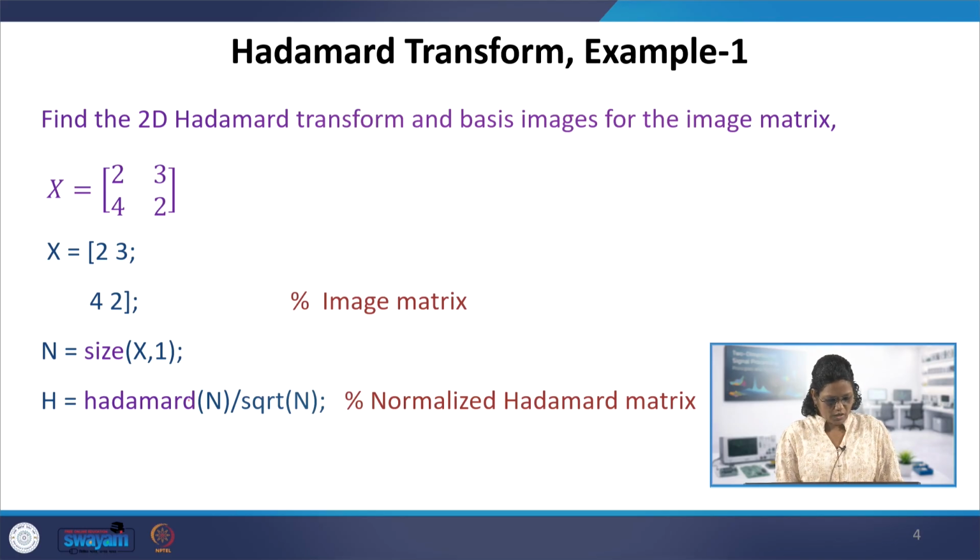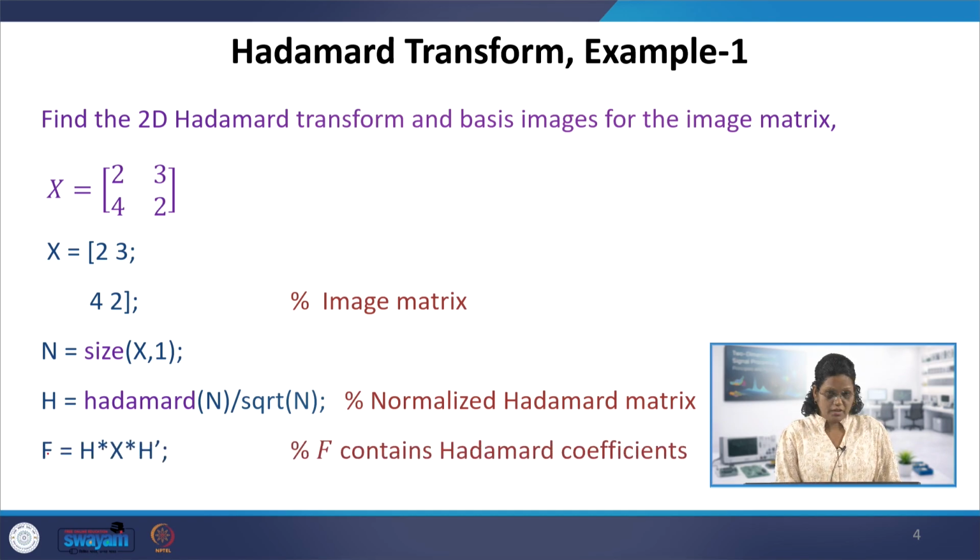Hadamard is again the built-in function here, hadamard of n, to get H. If you fix n depending on x size, n would be fixed for it. Then to get the Hadamard transform, the square root of n gives the normalized Hadamard here, and getting the transform, f is H times x times H transpose, which is the transformed x, f here.